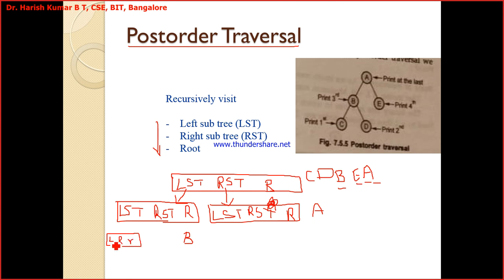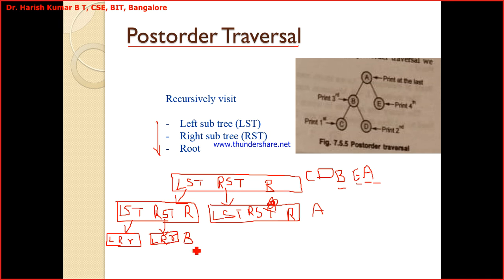So this is the left subtree, right subtree, and this is the root node. Since there is a right subtree for B also, this RST is expanded similarly: L, R, and root node as a smaller r.